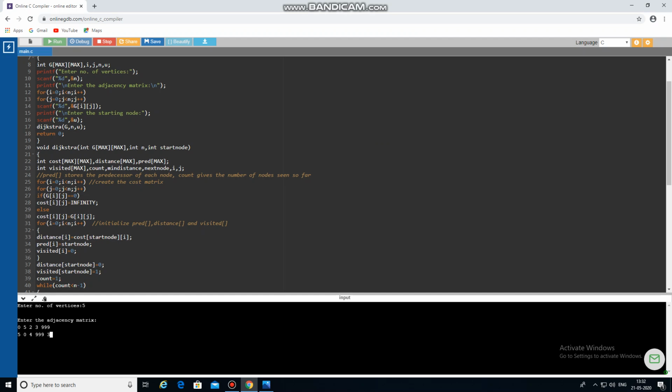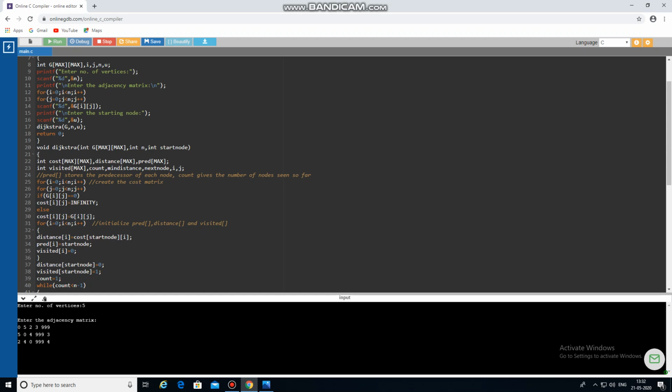3. Then from C to A the value is 2, C to B the cost is 4, C to C it is 0, C to D doesn't have a connection, so we take it as 999. Then C to E it is 4.